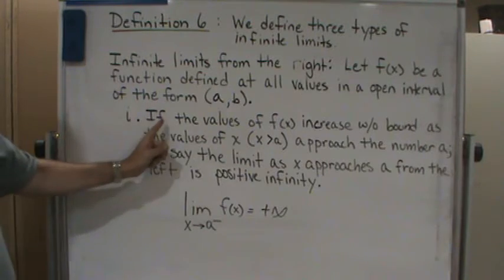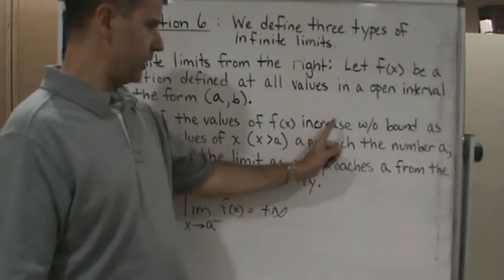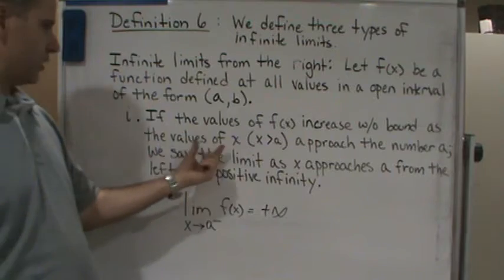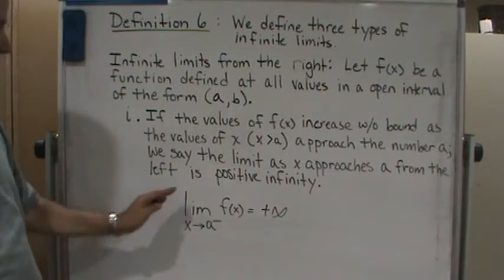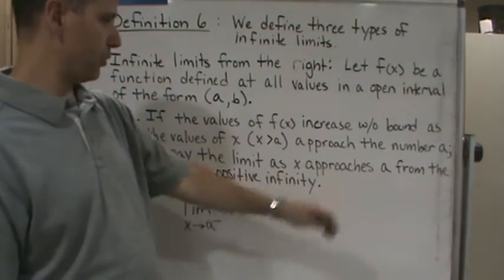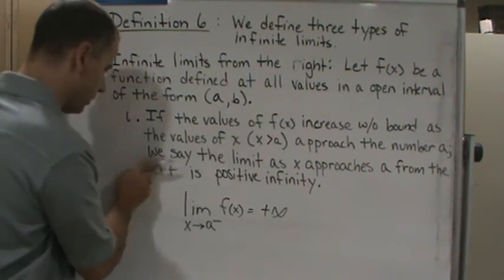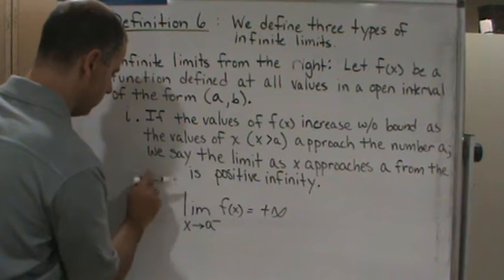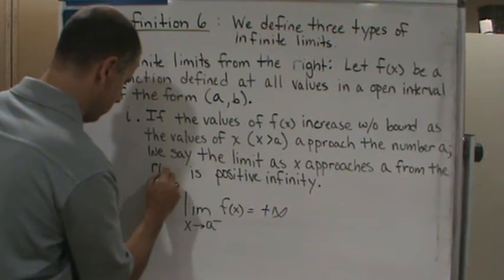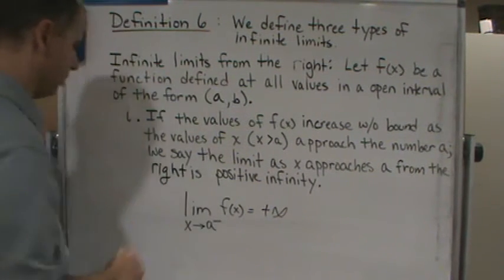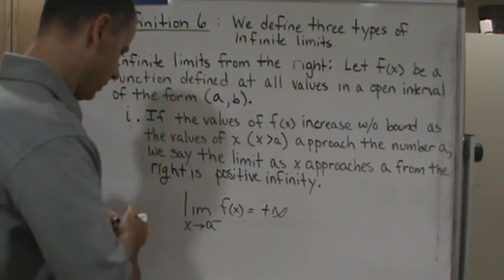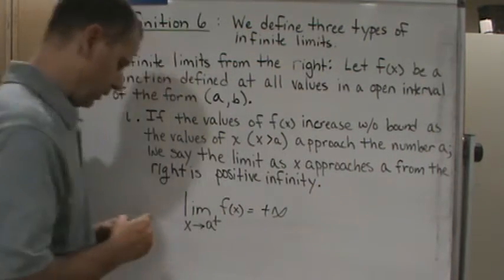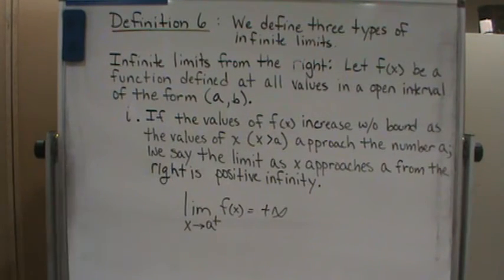It says, if the values of f(x) increase without bound as the values of x, again from the right, approach the number a, we say the limit as x approaches a from the right is positive infinity. And this is the way we would write it.